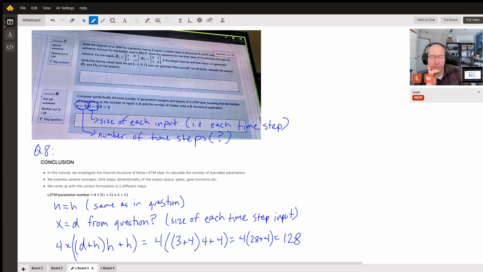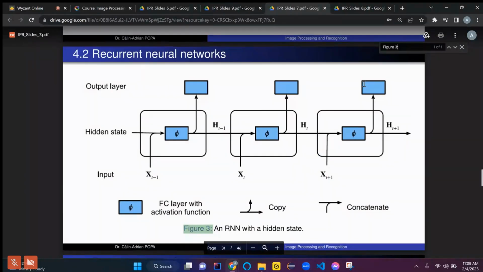I'm just trying to figure out what they might be wanting for that figure. Okay. So, yeah, because they're going to be producing a hidden state of dimension 3 and 2 outputs.